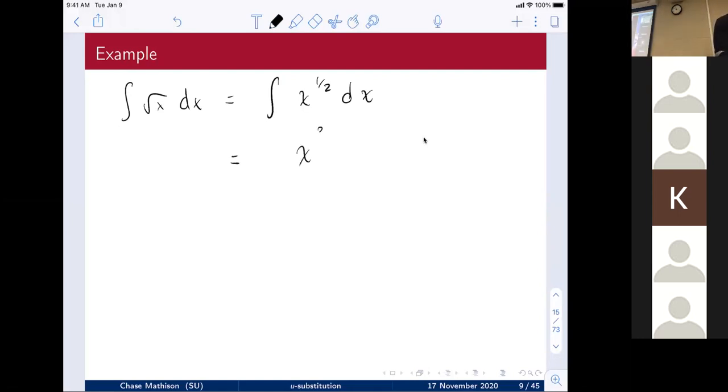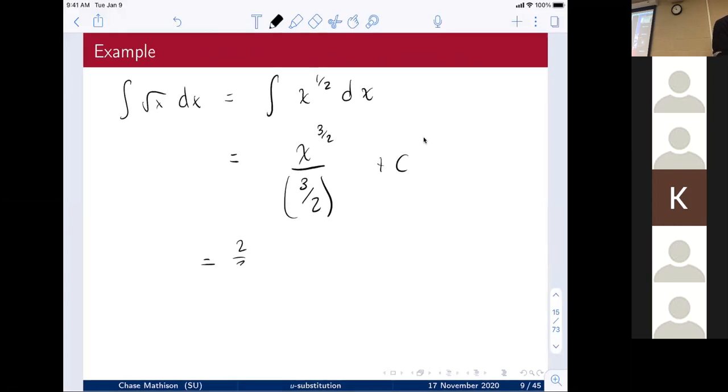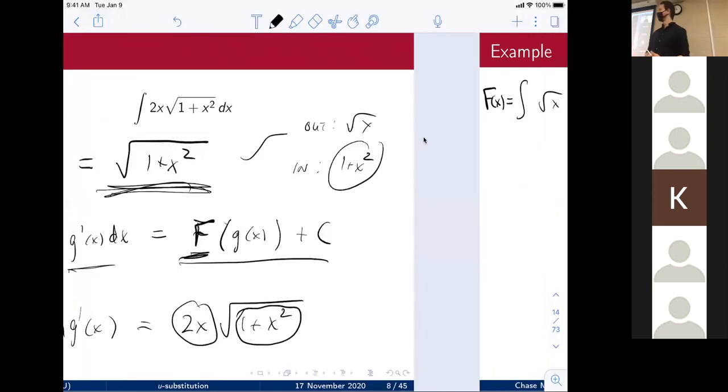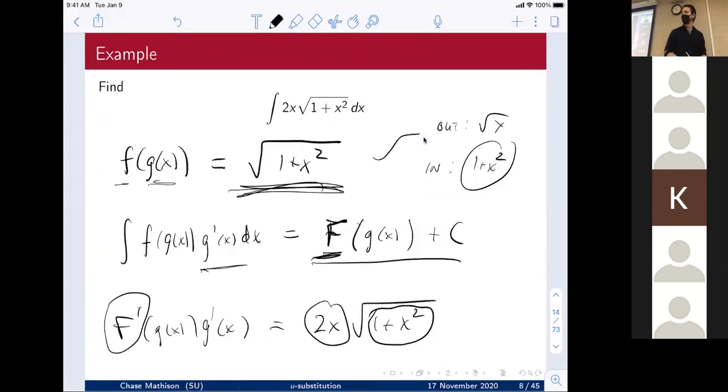Good. x to the 3/2 over 3/2 plus c technically, which is the same thing as 2/3 x to the 3/2. So this is capital F of x, right? From this previous slide. Capital F of x, again, is an antiderivative of the square root of x, okay?